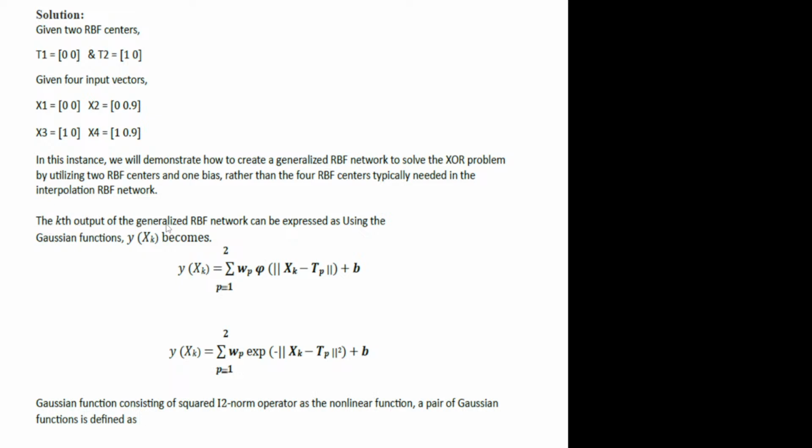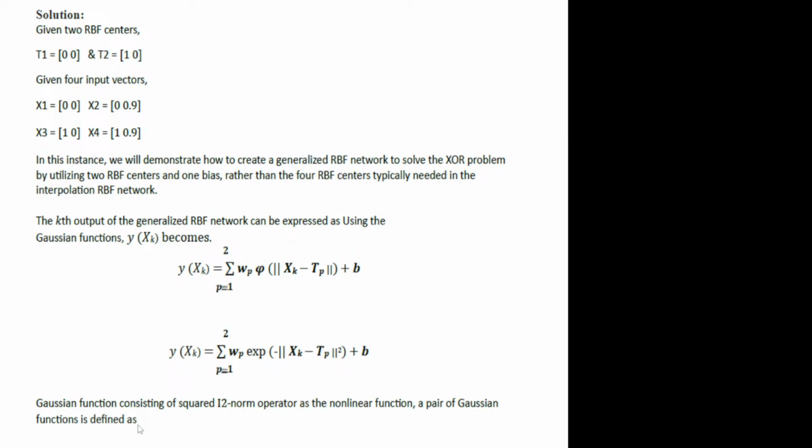The kth output of the generalized RBF network using the Gaussian function can be expressed as y of xk equals the summation from p equals 1 to 2 of wp phi of the norm of xk minus tp, plus b, which is equivalent to the summation of wp times exponential of minus the squared norm of xk minus tp, plus b. The Gaussian function consists of the squared L2 norm operator as the non-linear function.